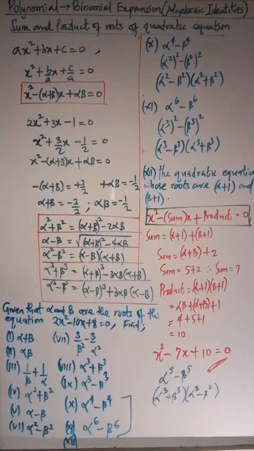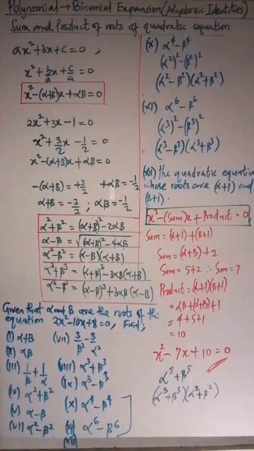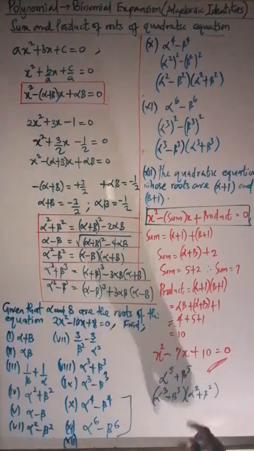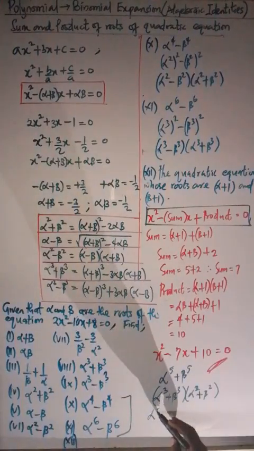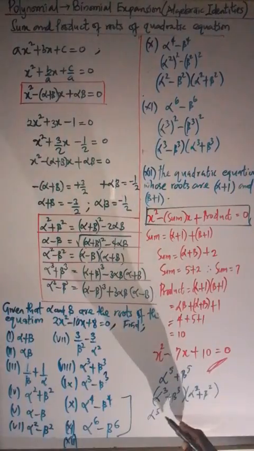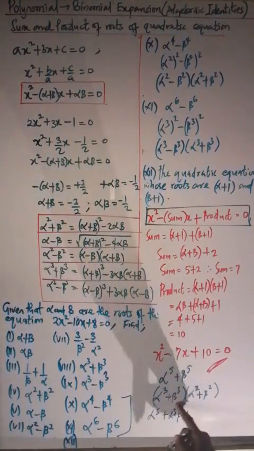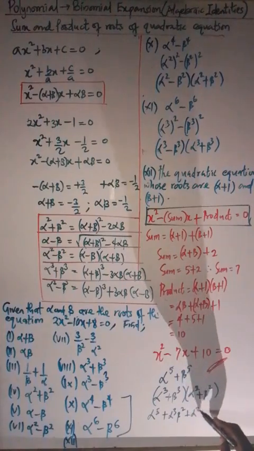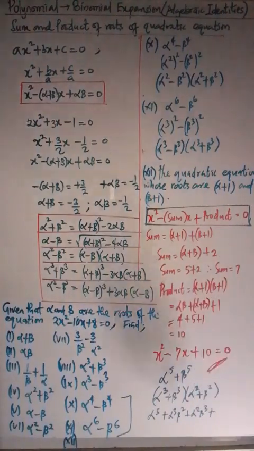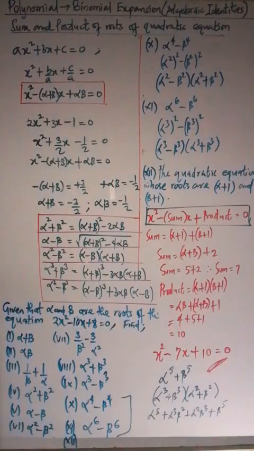We can expand this, or let's suppose what we have is plus first, so we use plus. So we expand this: alpha cube times alpha squared is alpha raised to power 5. Then this one with this one will give us alpha cube beta squared, and this one will give us what? Alpha squared beta cube. The last one we are having beta raised to power 5. This is what you want to get.